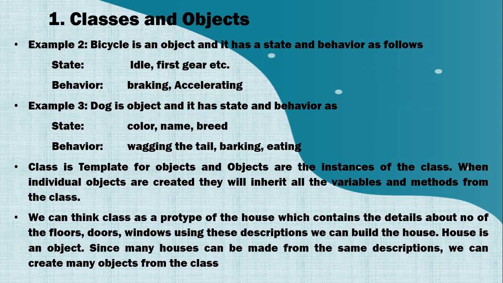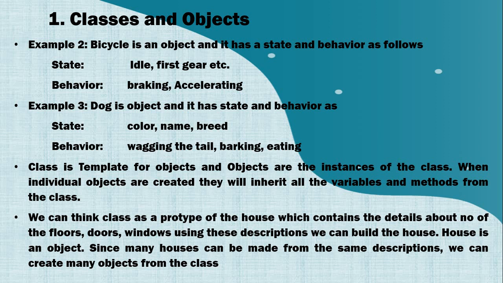Second example, bicycle is an object and it has state and behaviors. As I said, an object is an instance of a class and it has state and behavior. If you consider a bicycle as an object, its state will be like idle state, first gear, etc., and its behaviors will be like braking, accelerating.